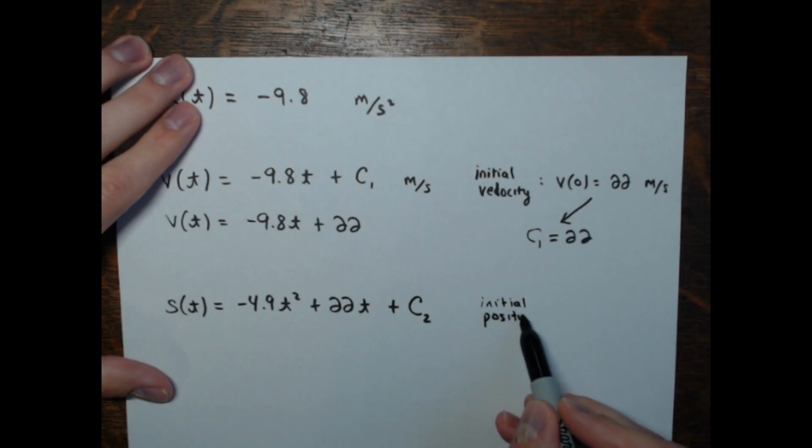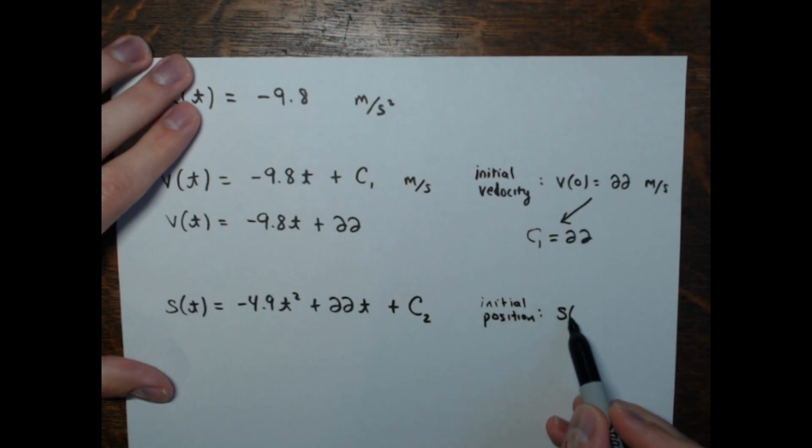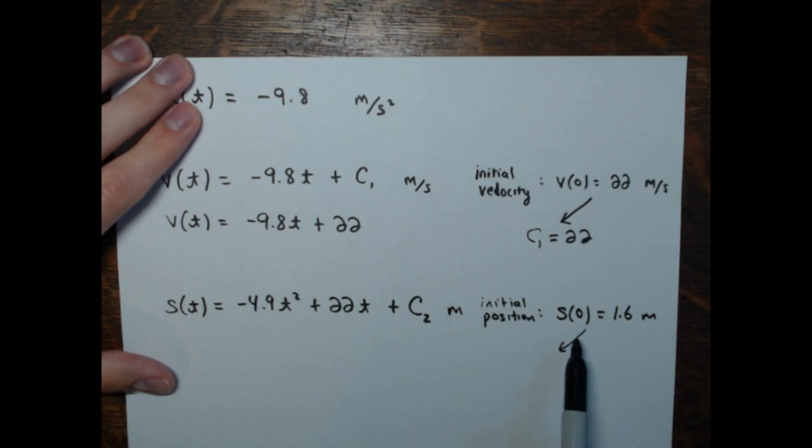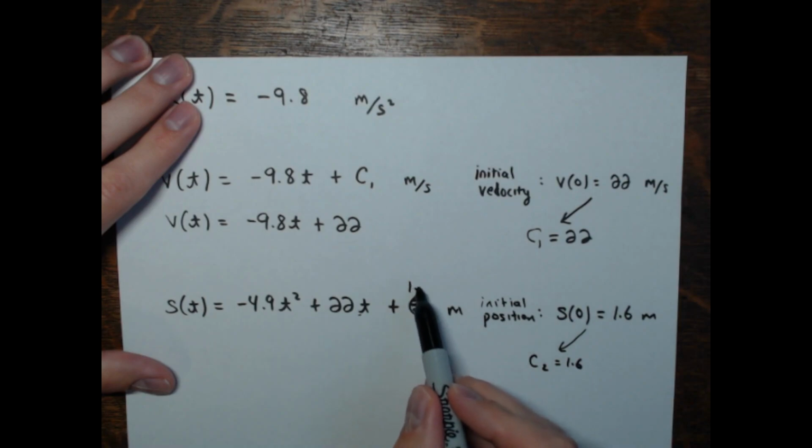The initial position, which I'll say is s of 0, the position at time 0, they said it was 1.6 meters off the ground. This will be in meters, right? Now again, we can plug in 0 for t. That'll make this term 0, this term 0. And we'd see that c2 must be 1.6, right? c2 must be 1.6. So I'll just scratch this off and put in 1.6 here.